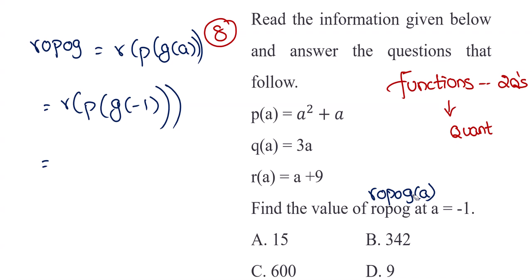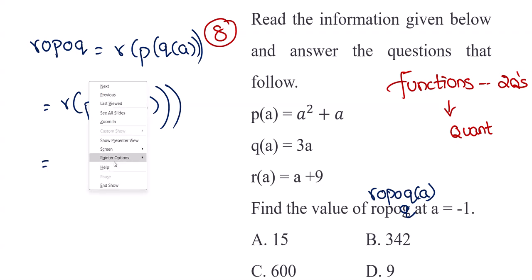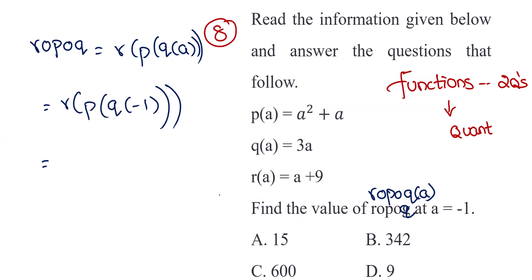It's not G, this is P of Q. Q of A, so Q of -1. They have already given the function, and our job is just to apply it. So Q of -1 is nothing but -3, because 3 into -1 is -3.